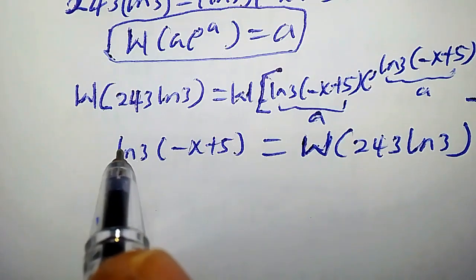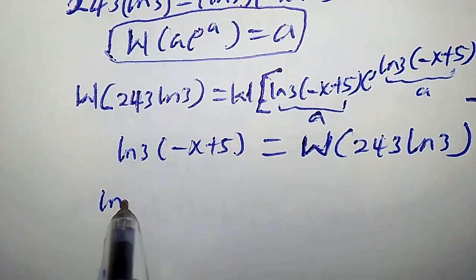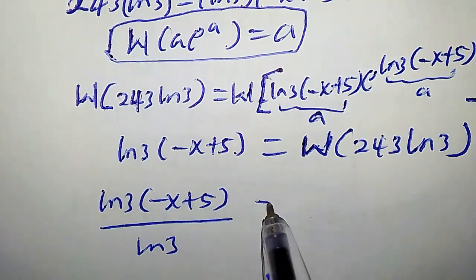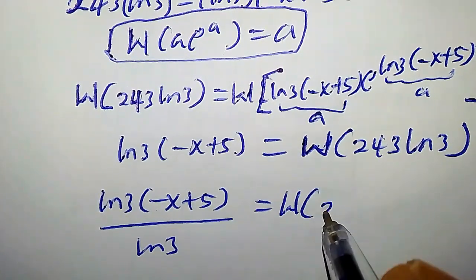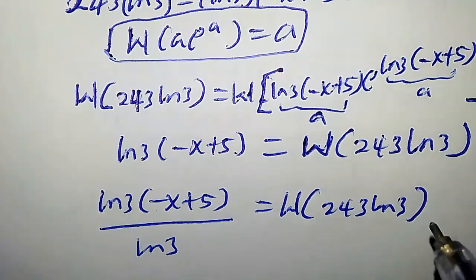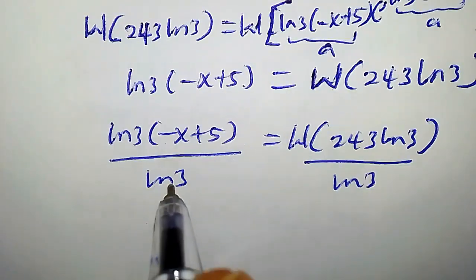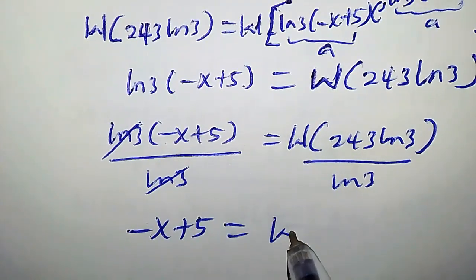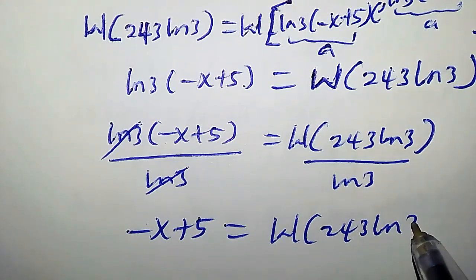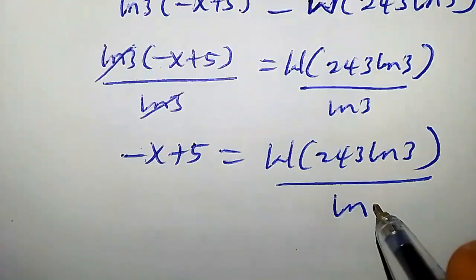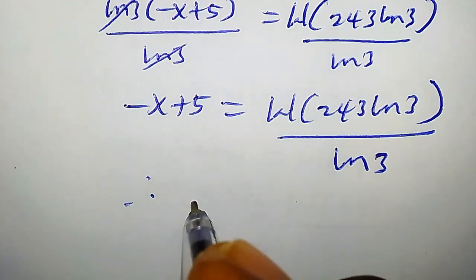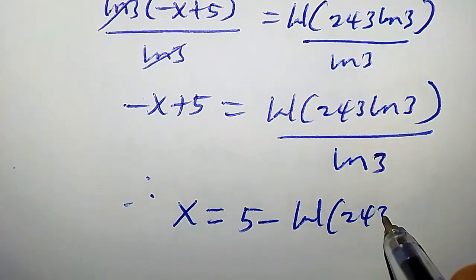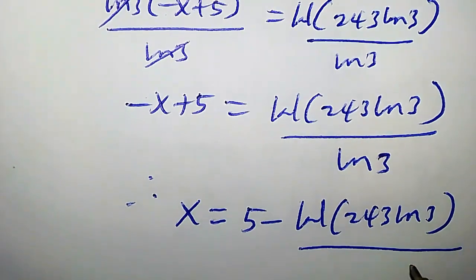Dividing both sides by natural logarithm of 3, we're going to have ln 3 times negative x plus 5 over ln 3 equal to W of 243 ln 3 over ln 3. Clearly, this cancels out, so we have negative x plus 5 equal to W of 243 ln 3 over ln 3. Therefore, x is equal to 5 minus W of 243 ln 3 over ln 3.